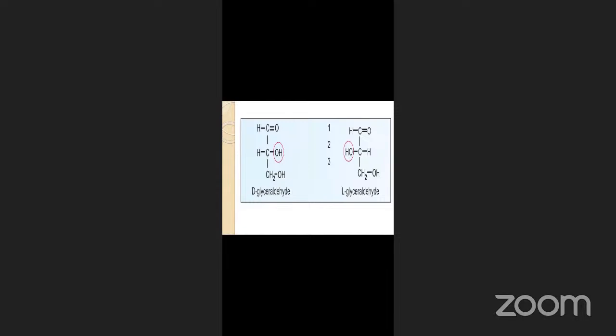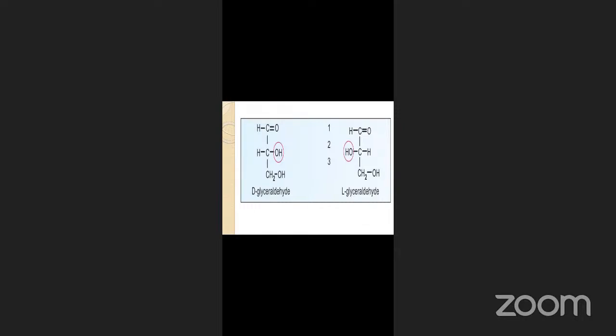So here you can see glyceraldehyde. But in glyceraldehyde also, you have D-glyceraldehyde and L-glyceraldehyde. That is based on the orientation of the H and OH on the second carbon. Can you understand the difference? The first carbon has the aldehyde group, that is CHO.